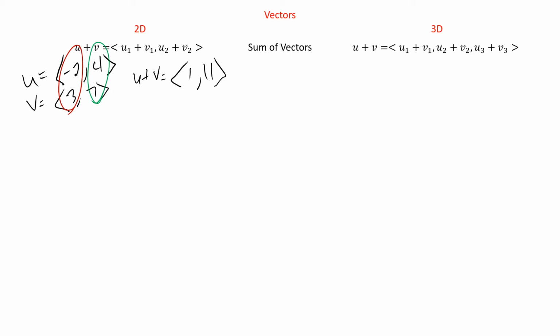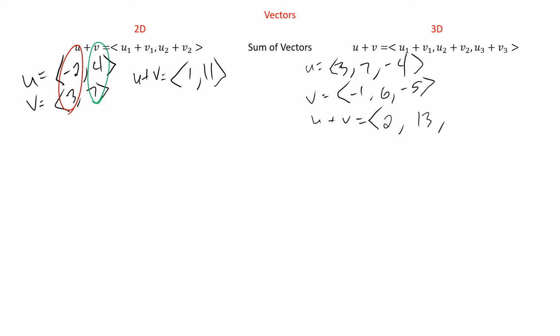In 3 dimensions, same thing, only we have 3 pieces to it. So if we have u equals 3, 7, -4, and v equals -1, 6, -5, u plus v will have 3 plus -1 is 2, 7 plus 6 is 13, -4 plus -5 is -9.